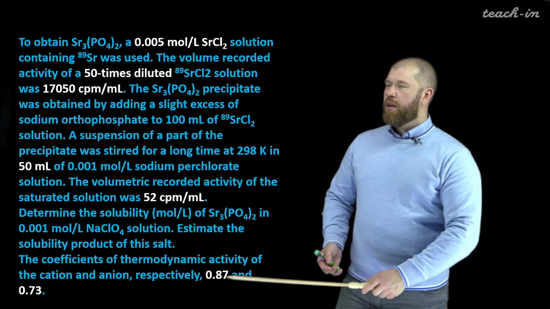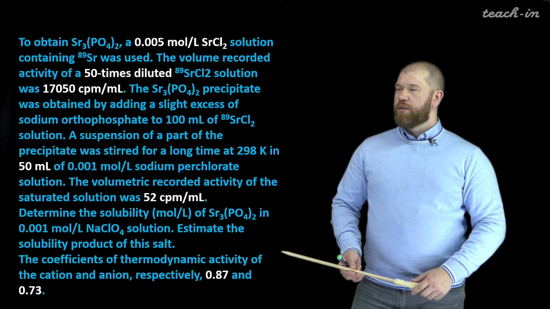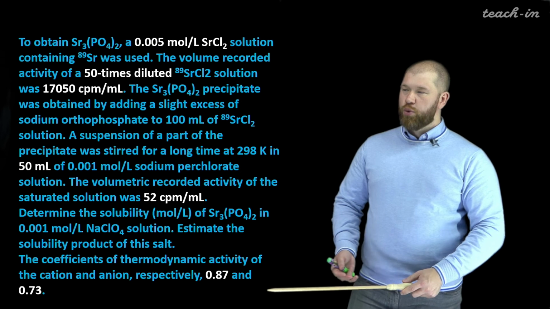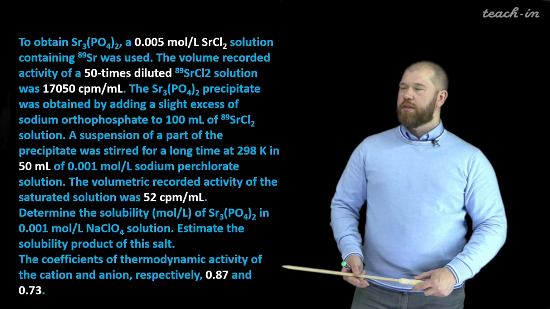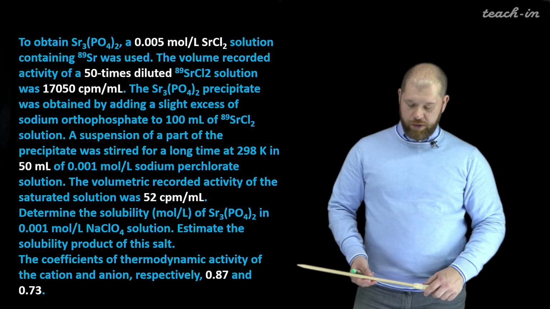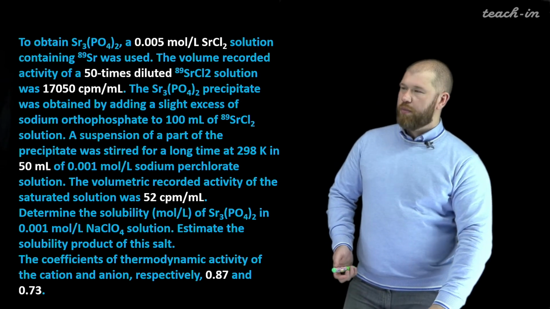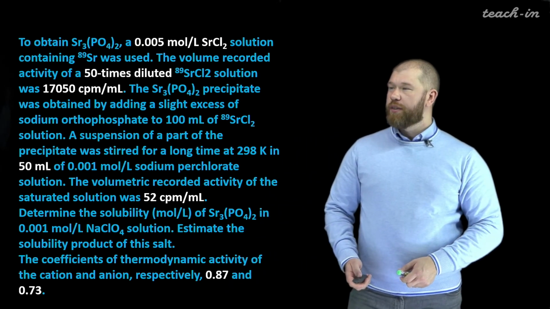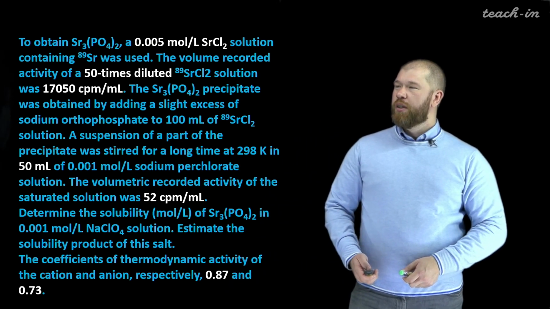We know that the activity coefficient for the cation, meaning strontium, is 0.87, and for the anion, for phosphate, it is 0.73. So I will remove this text to have more space.